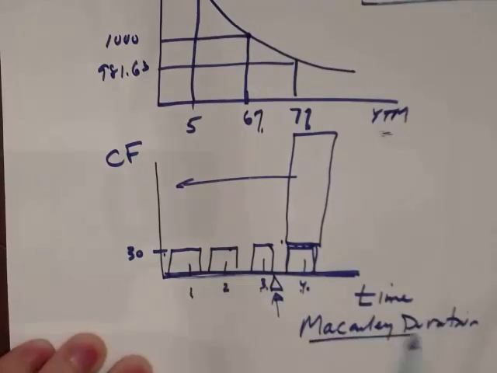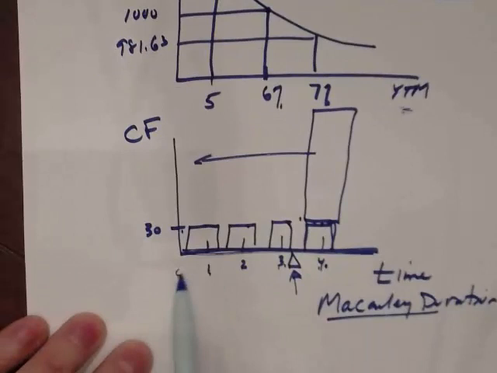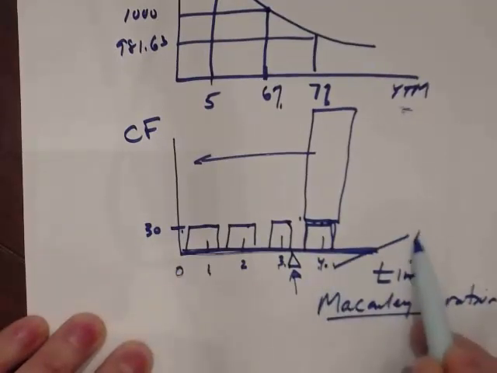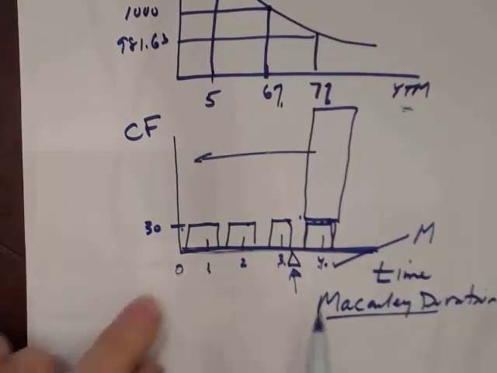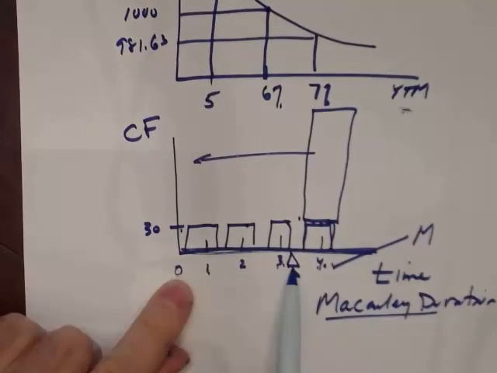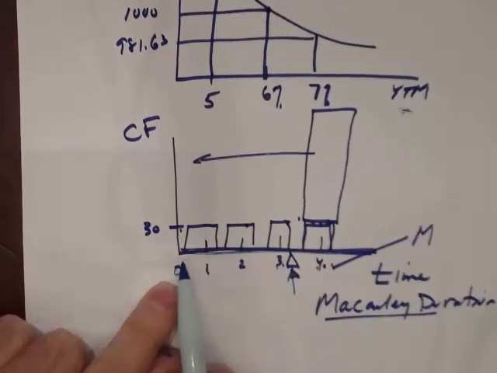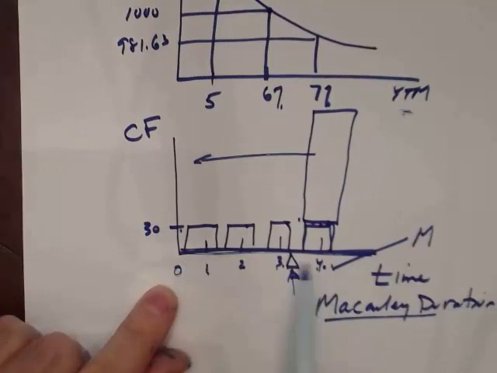Okay, Macaulay Duration. And Macaulay Duration goes from 0 to the maturity of the bond, and the maturity of the bond is often M for maturity of the bond. So this fulcrum, in other words, has to be somewhere between 0 and M, somewhere in between here.